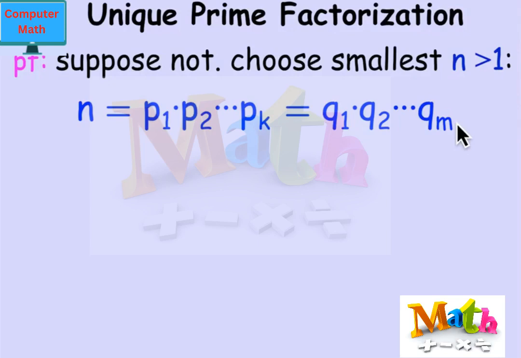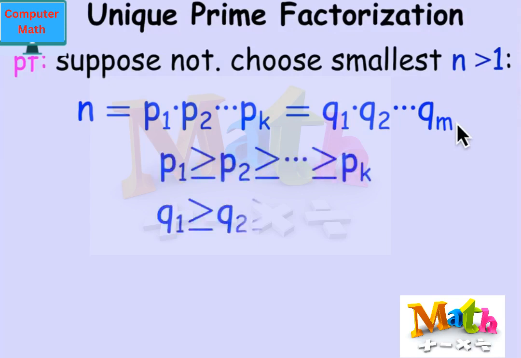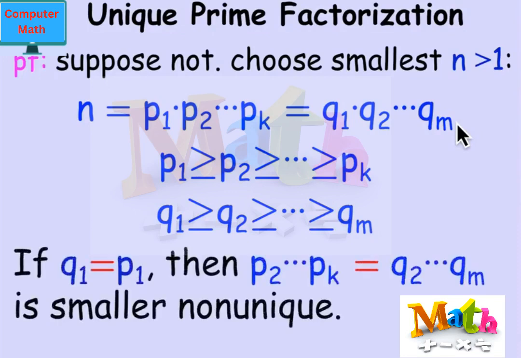They differ somehow. Okay, so we can assume that the p's are listed in weakly decreasing order, and the q's are likewise listed in weakly decreasing order. Now, the first observation is suppose that q1 is equal to p1.